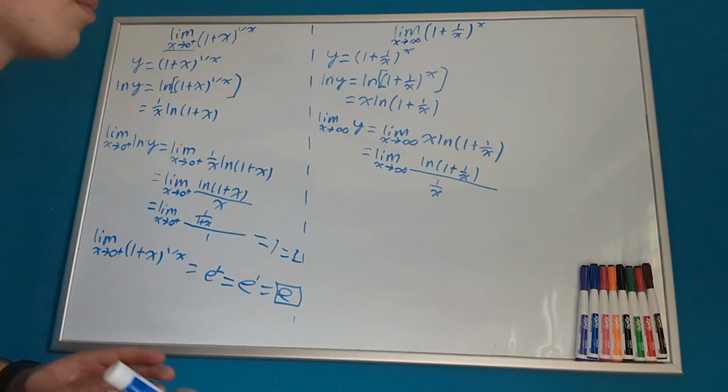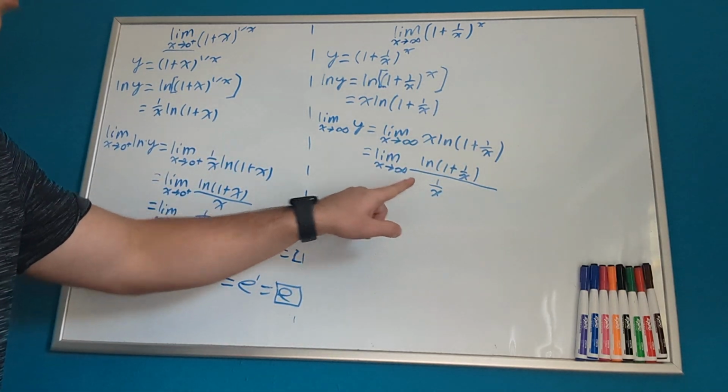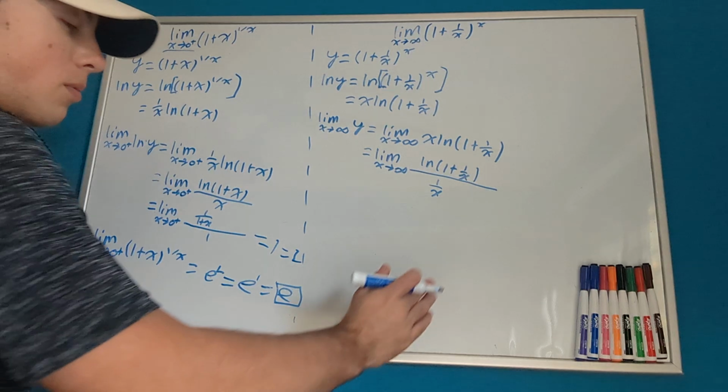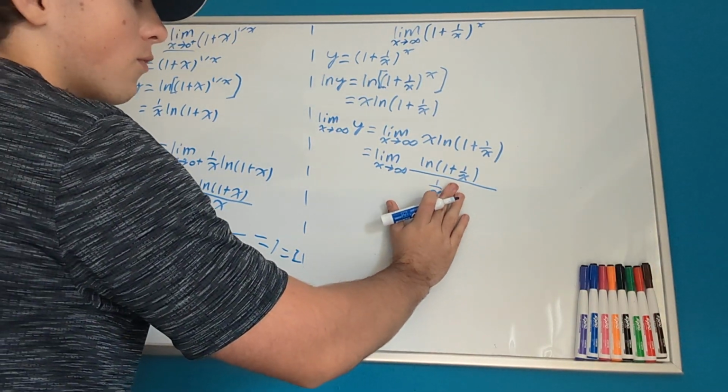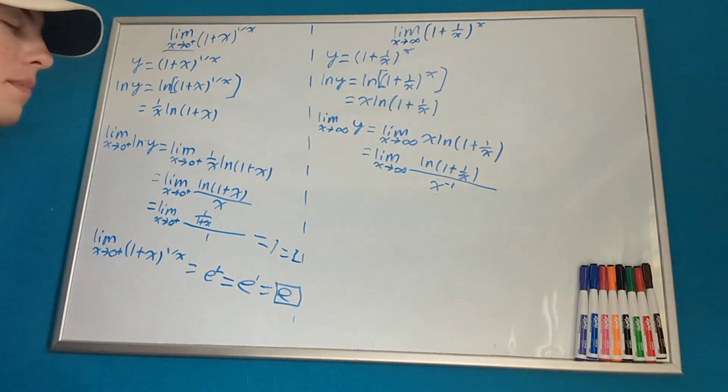Then from here, let's observe what we have. This will be the natural log of 1, which is 0, and the denominator will go to 0 as well. Now we have 0 over 0, so we can use L'Hopital's. Before we do that, I'm just going to change this to x to the negative 1, because that'll make this easier.